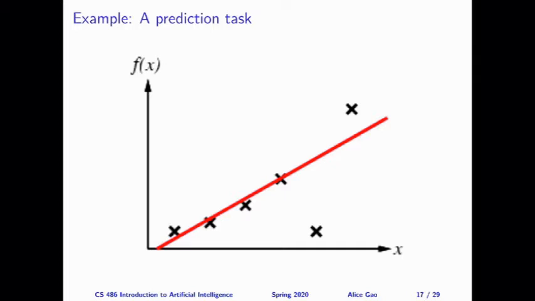But it looks like this line is not going through all of the points, and this might not look very satisfying, right? After all, we're trying to predict these points, so maybe we should try to make it go through as many points as we can. So let's try a more complicated polynomial. Here is a slightly more complicated polynomial, likely a quadratic function.